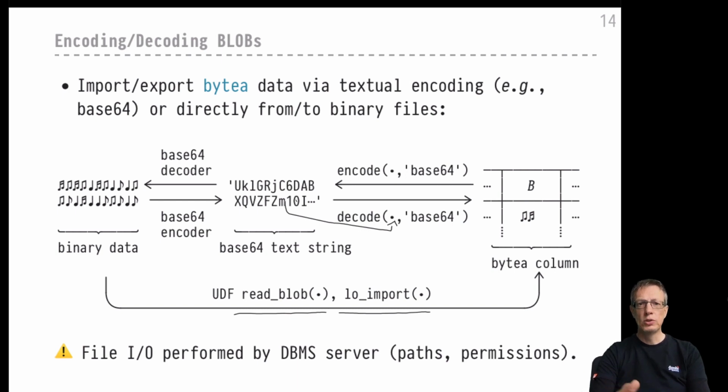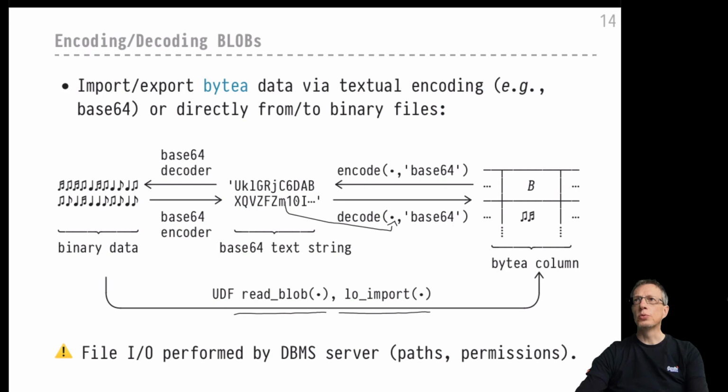And once you're ready to really externalize the binary data and pass it on to some external consumer, your program or some other external media consuming program, you would then use a base64 decoder to turn this textual representation into binary data again. All right, so either the direct way or the intermediate step through a textual representation, for example base64, to better handle such text strings with your applications or inside the database system. Also for display, this is really convenient, and we will see this in a second. Okay, so let's switch over.